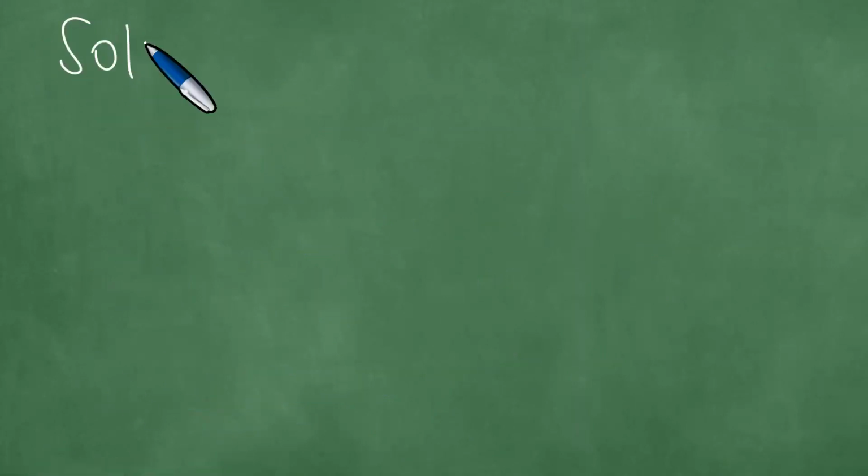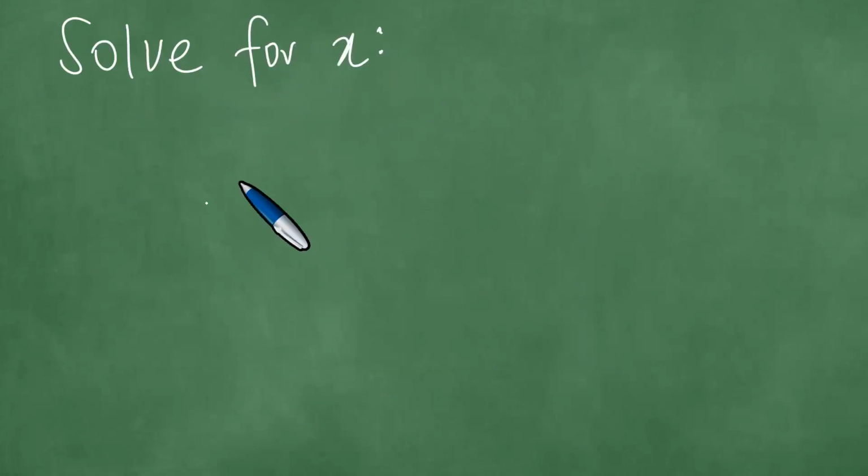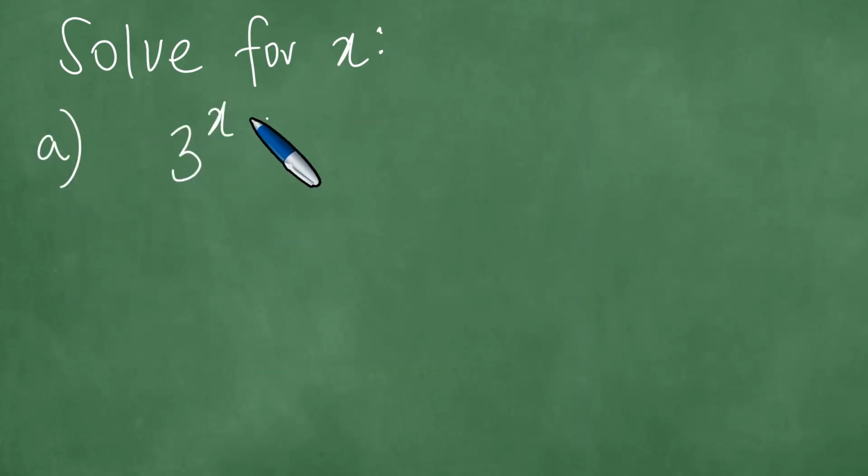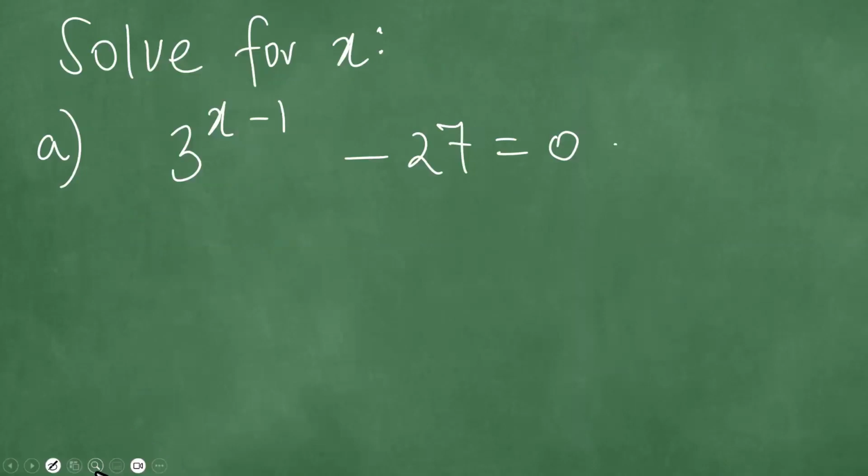Solve for x. Let's practice more. This is called drilling. 3 to the power x minus 1, minus 27 equals 0. What is the solution to this one, anyone?